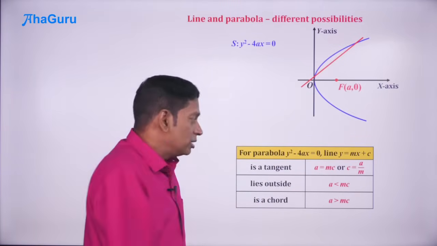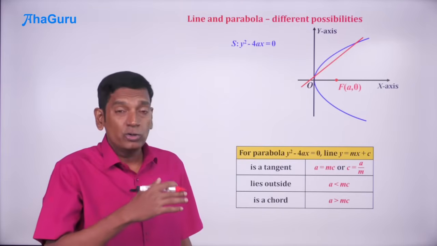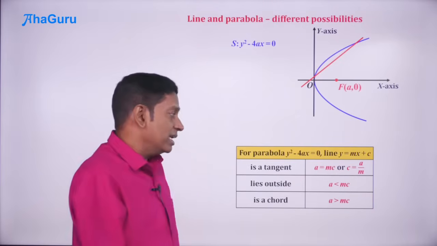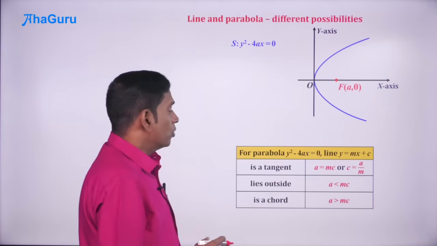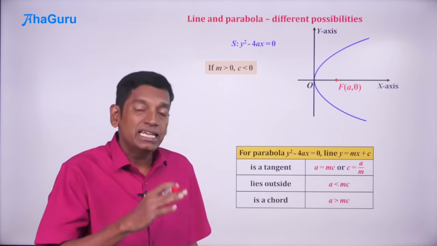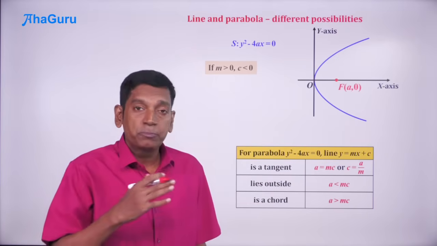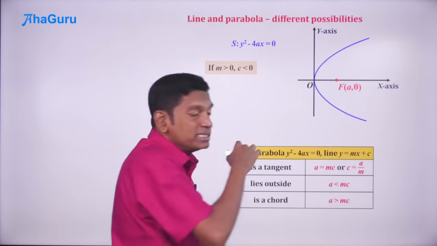So to understand this better, because you may not know which to apply in what situation, one way of understanding is like this. Suppose you have m greater than 0 and c less than 0. Think about this. You have a line whose slope is positive, and c less than 0 means the y-intercept is negative.